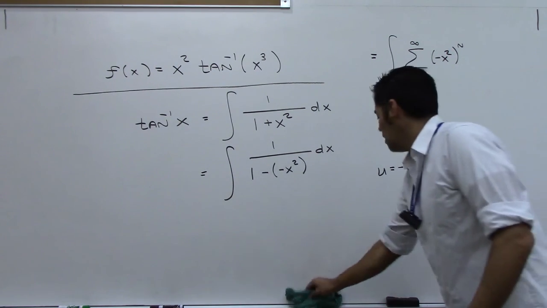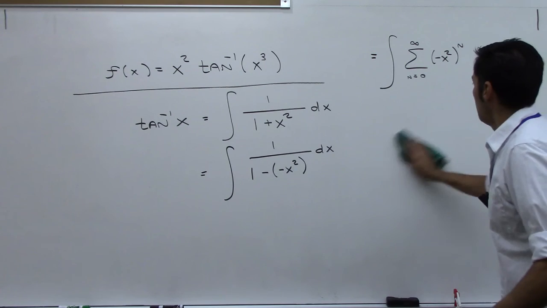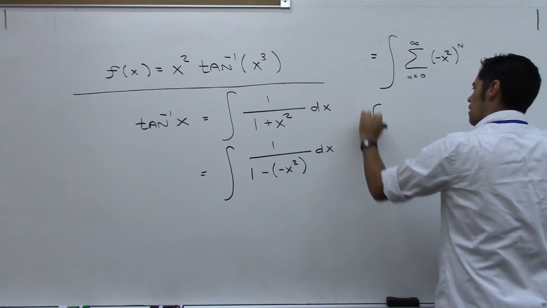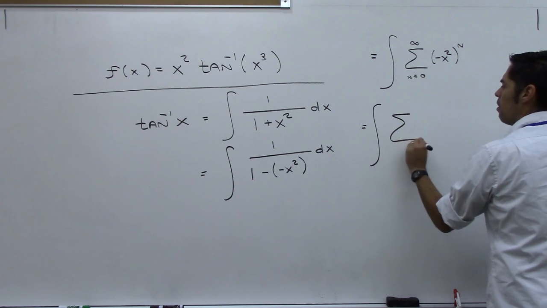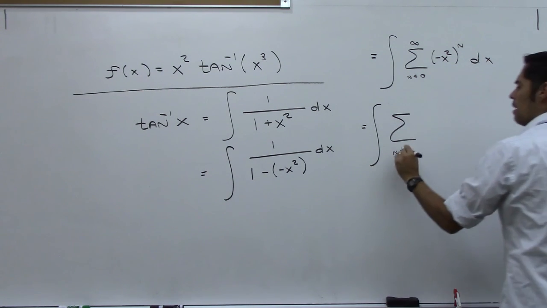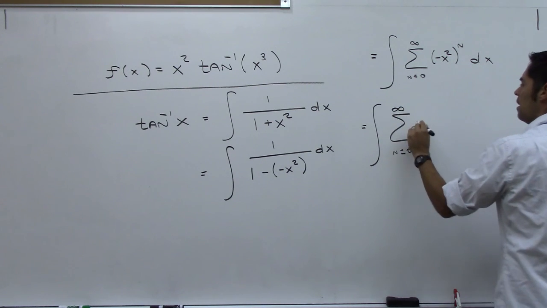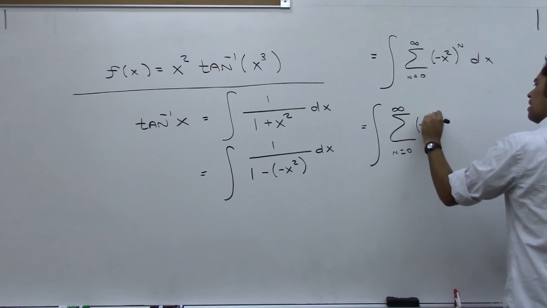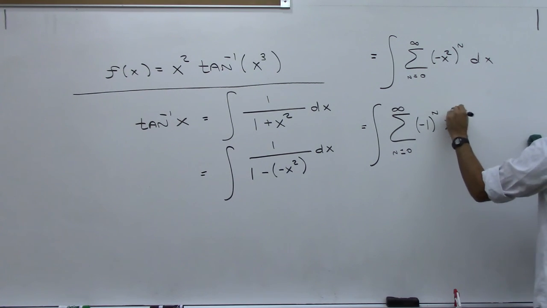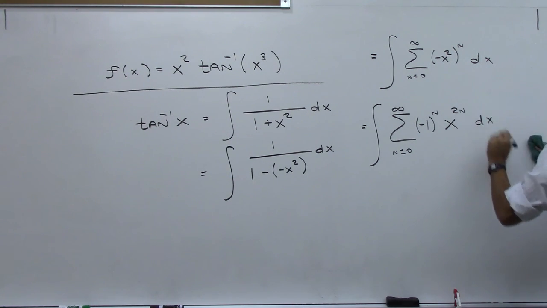Then I can clean that up, peel things apart: n equals 0 to infinity, negative 1 to the n, and x squared to the n, which I'm going to write as x to the 2n dx.